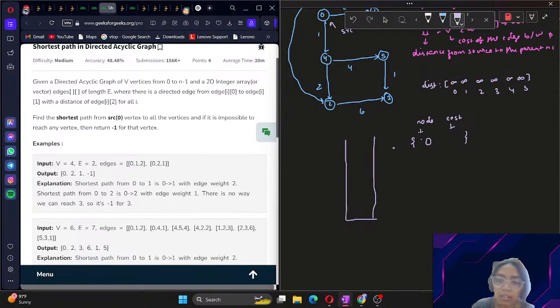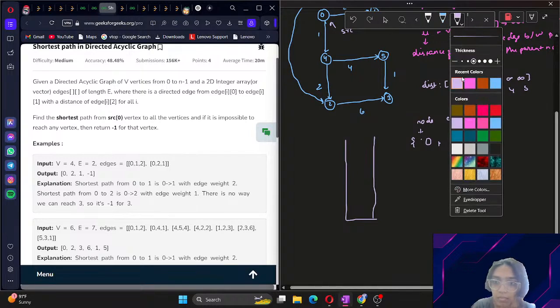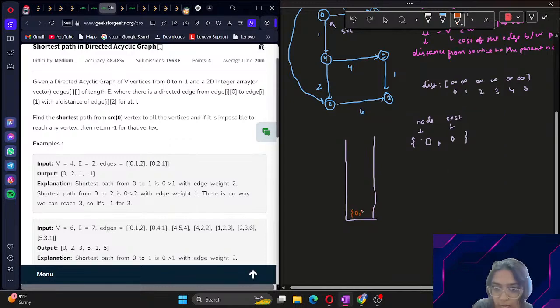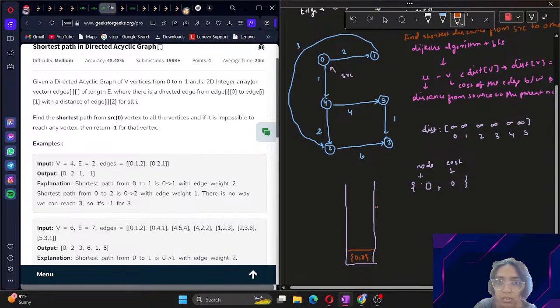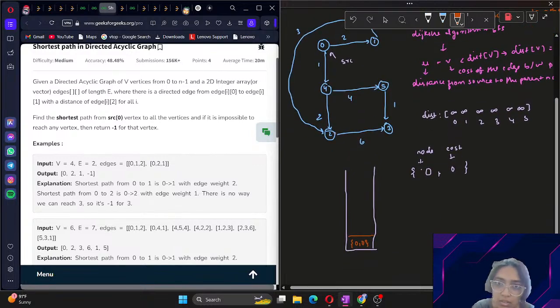So for our source node, the node is 0 and the cost is going to be 0 because we don't have an incoming edge to 0, so the cost is 0. So we're going to push 0 comma 0 inside, and then we are going to see its neighbors, that is 4 and 1.